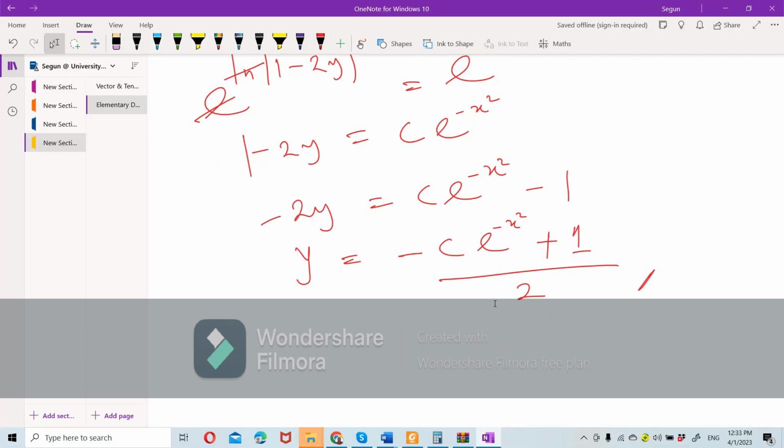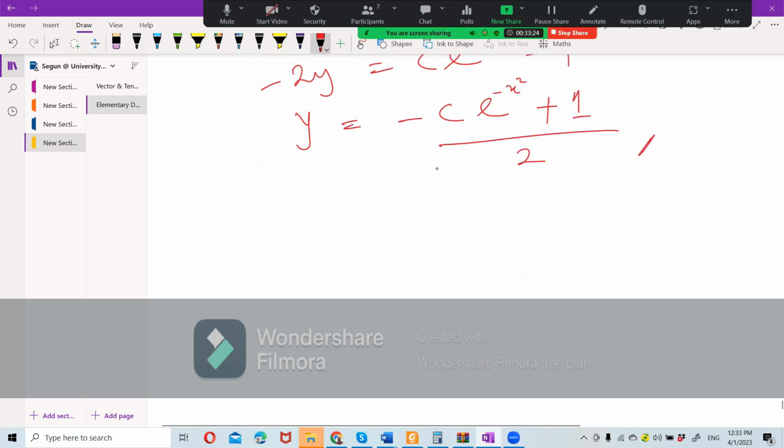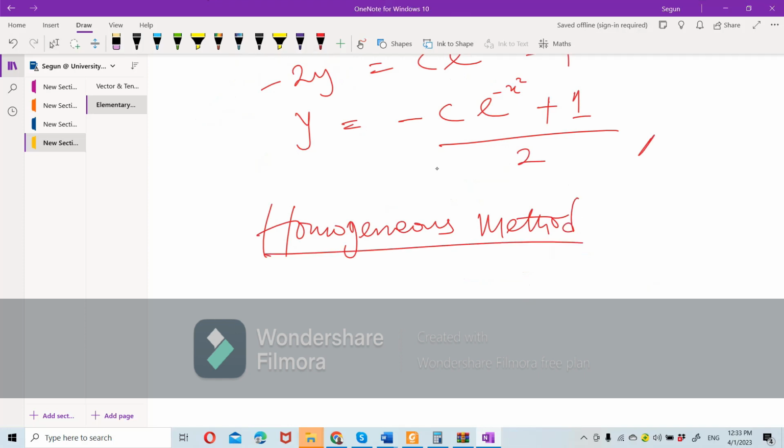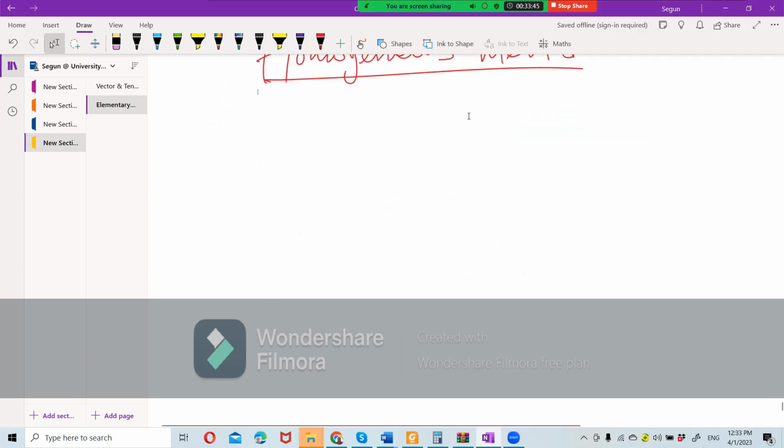And for the homogeneous method of solving differential equations, let's look at it. On the homogeneous method, what are the things you need to learn?